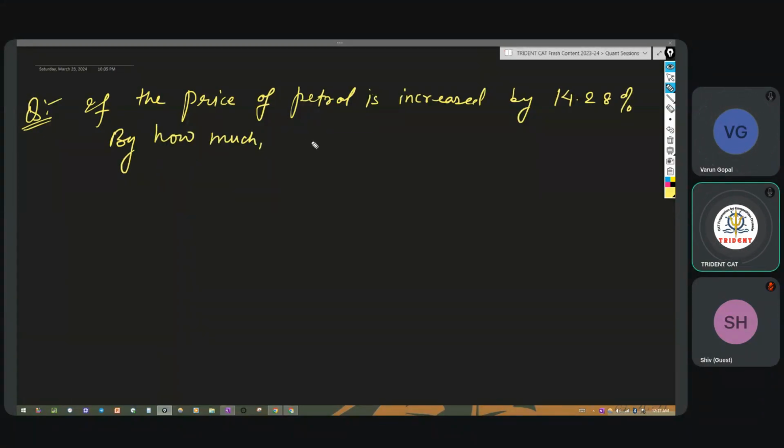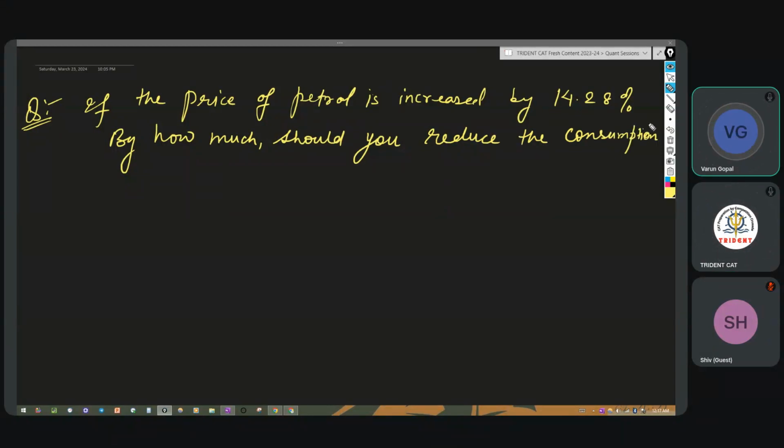By how much should you reduce the consumption to keep the expense constant? Please understand, this is a very important question.